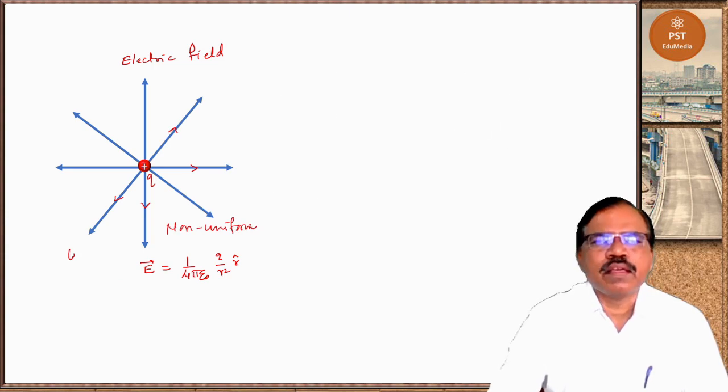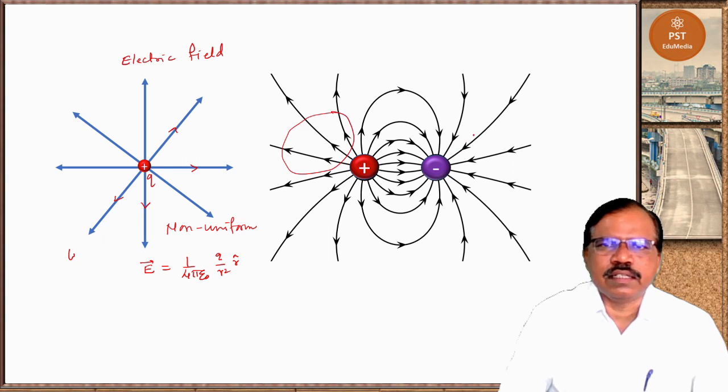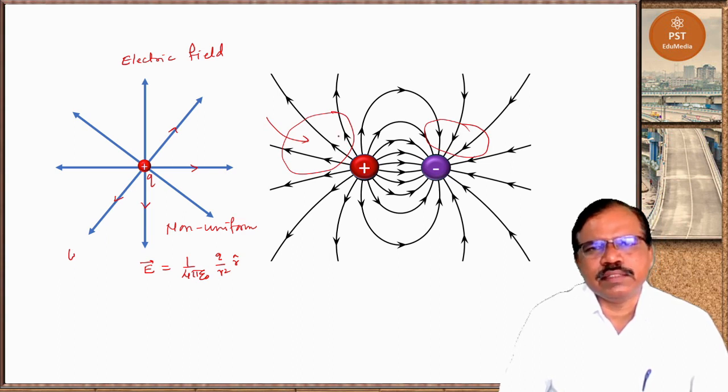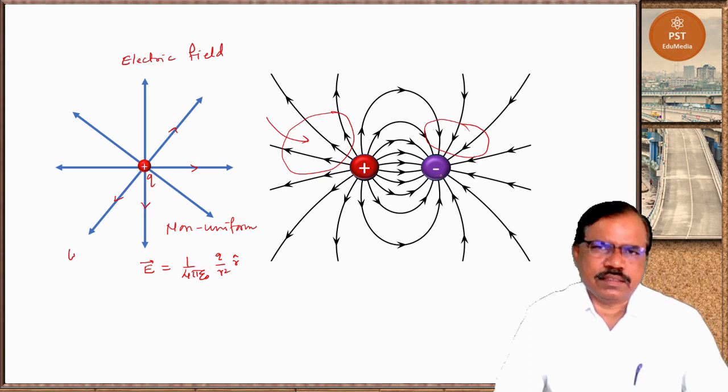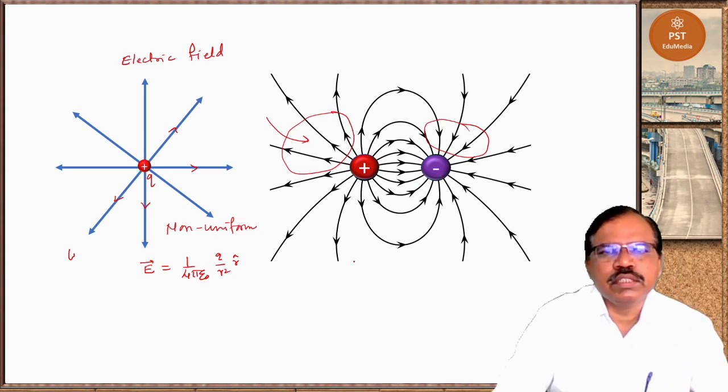If we see another example, this is an electric dipole, and here it is surrounded by its electric field. If we see this region and this region, in this region you will see the electric field is outgoing away from the positive charge, and here it is coming towards the positive charge. So this field is also non-uniform.